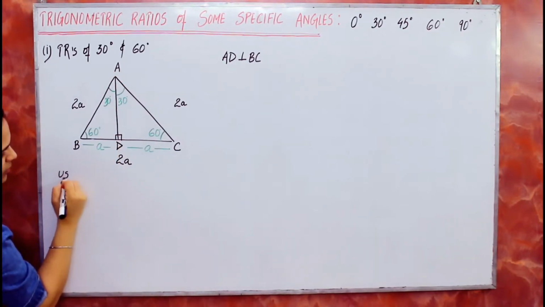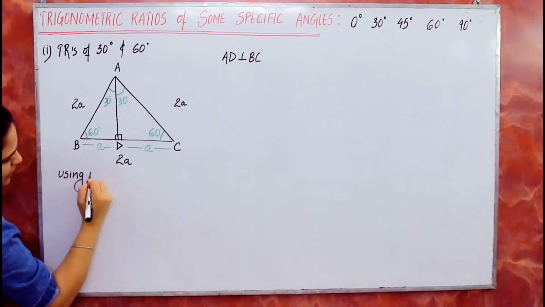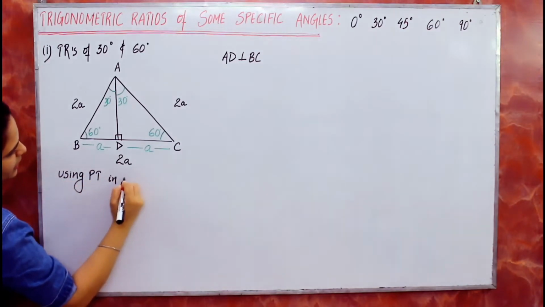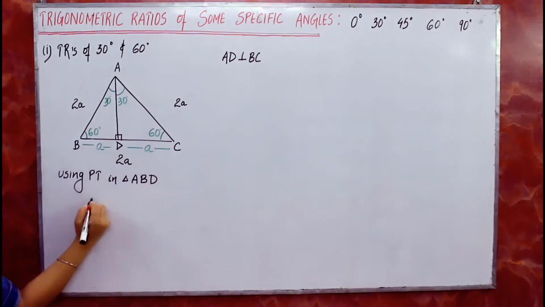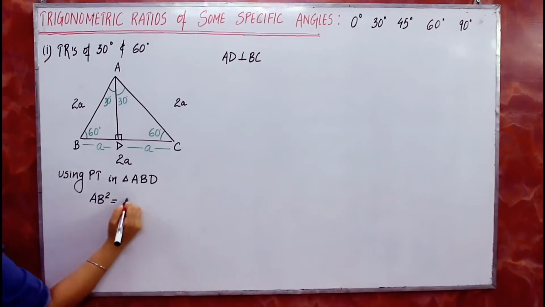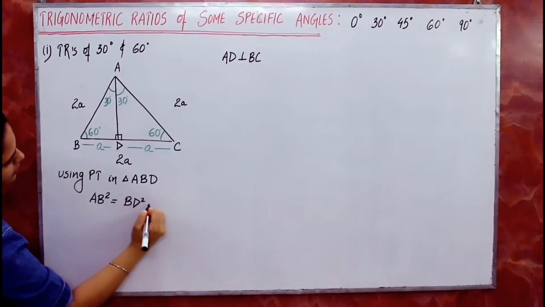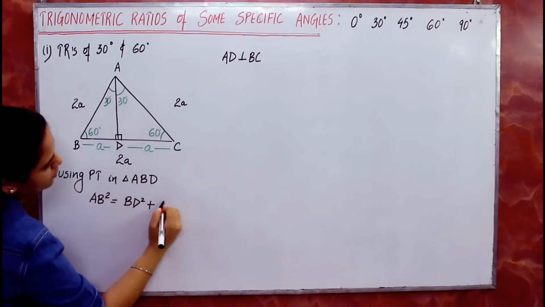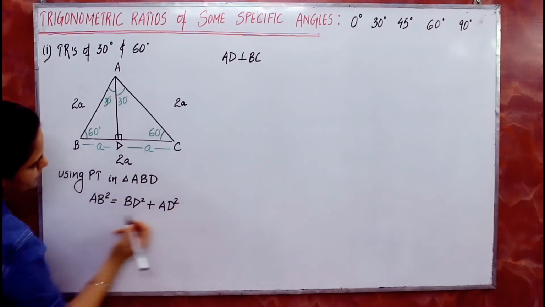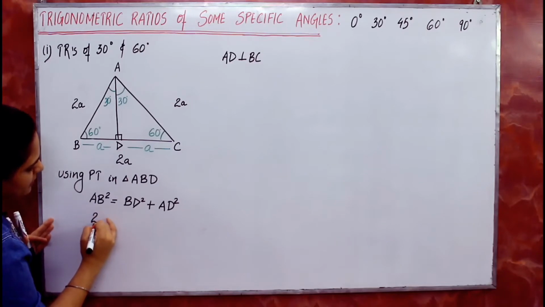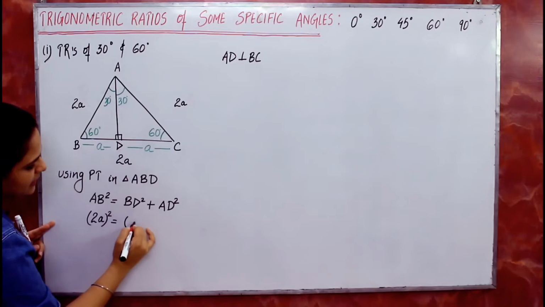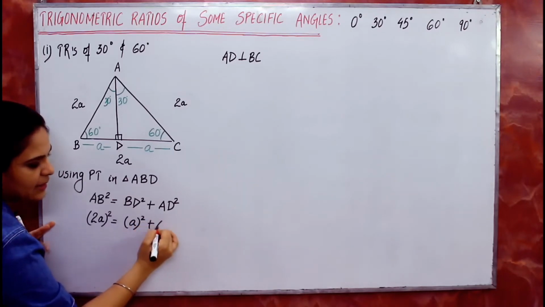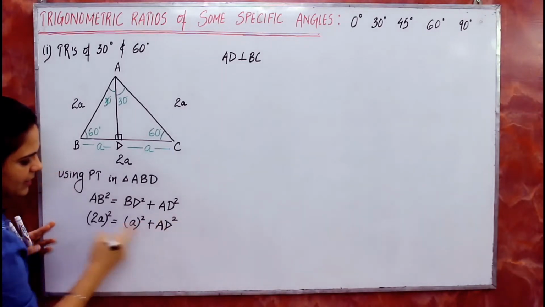In triangle ABD, hypotenuse squared, AB squared, is equal to BD squared plus AD squared. The value of AB is 2a, so (2a) squared is equal to (a) squared plus AD squared.